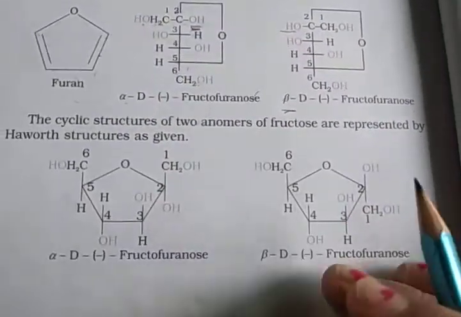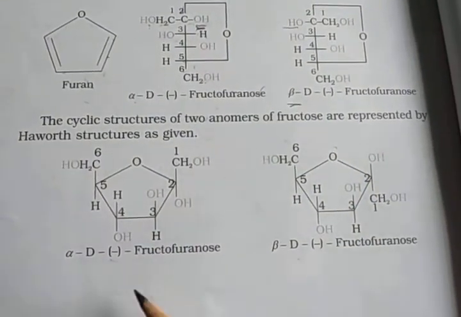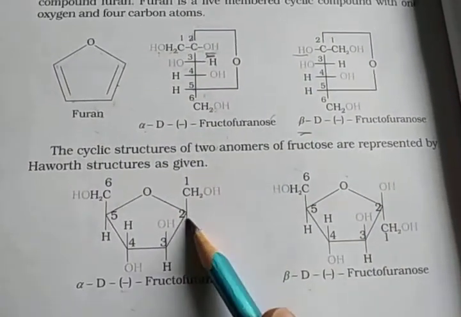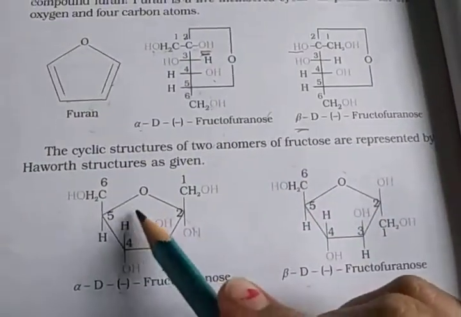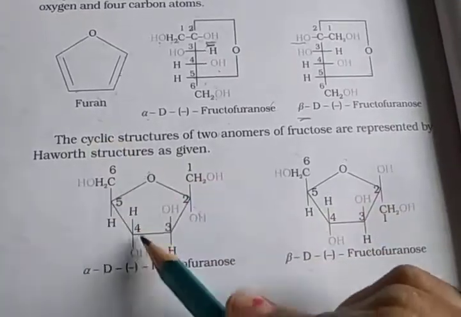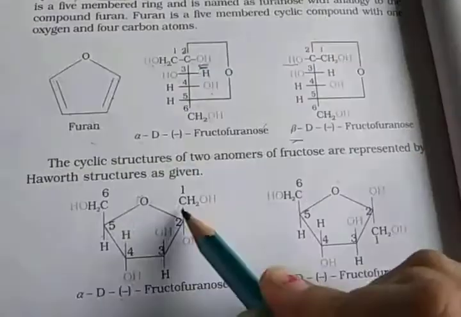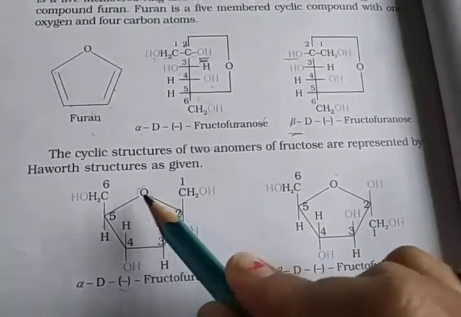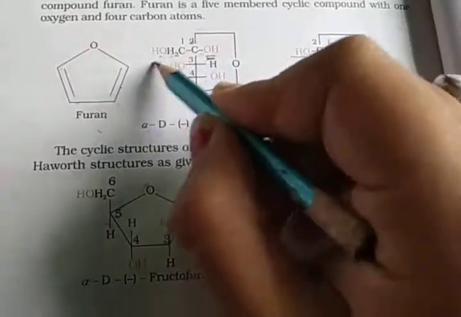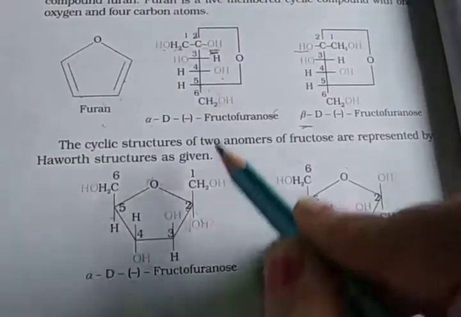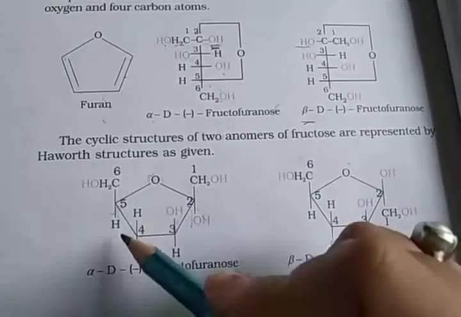Then the cyclic structures of the 2 anomers of fructose again represent the same type of cyclic structure, the open structure and the closed structure according to the furan. This oxygen is attached to the second number and the fifth number. Second number CH2OH OH, here you see CH2OH OH. Third number OH H, OH H. Fourth number H OH, H OH.